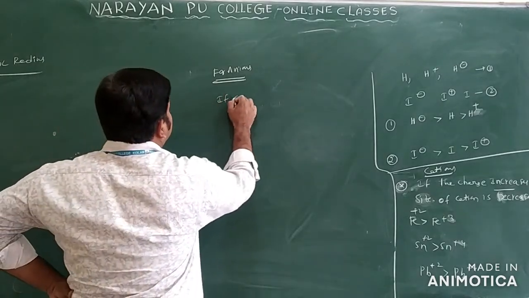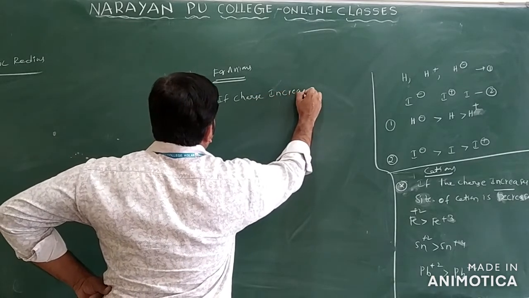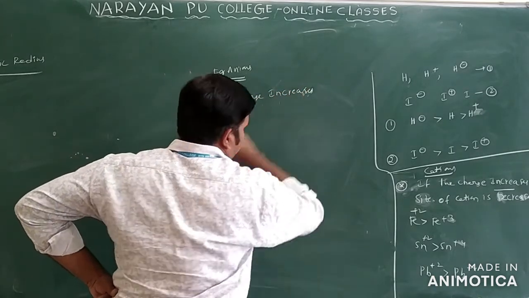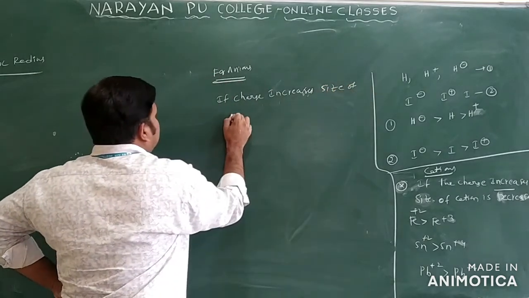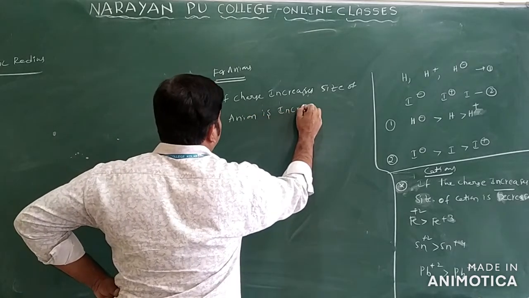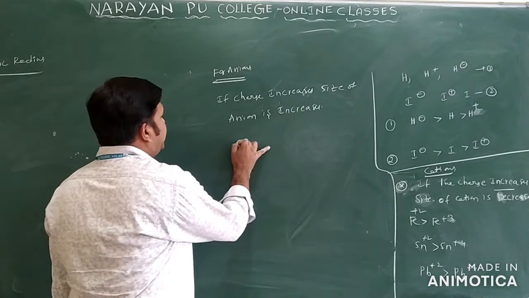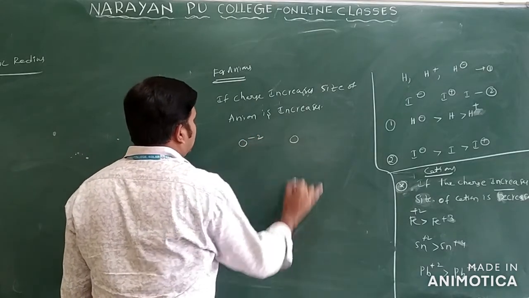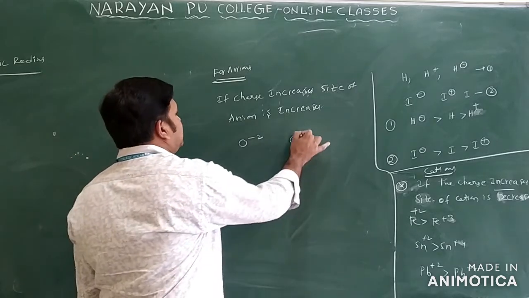Now we are discussing the anions only. If the charge increases, the size of the anion increases only. We are comparing O minus 2 and O minus.